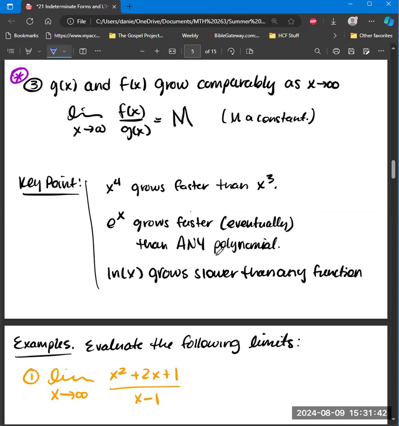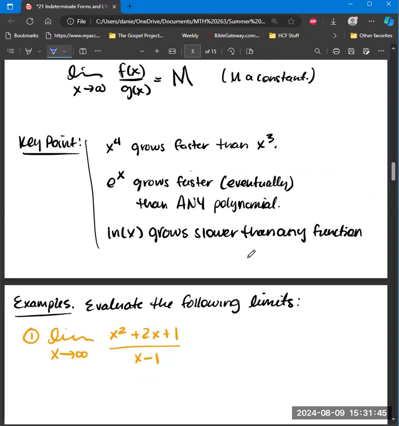Ln of x grows slower than any polynomial function. It's the slowest growing function that we know about right now. Even the square root of x, which grows kind of slowly, Ln of x is going to grow slower and slower and slower as you go out to the right. So the square root of x is going to cross it and stay above it at some point.